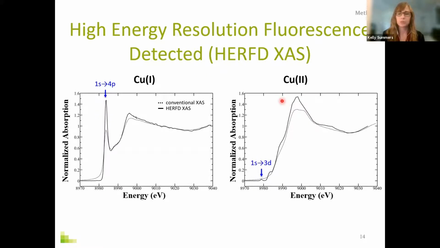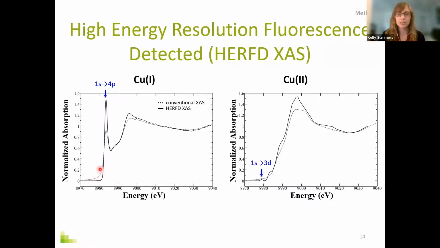Briefly, I wanted to introduce a technique that we've been using more and more as it gains in popularity. It's called high energy resolution fluorescence detected, or HERFD XAS. I won't go into the physics so much, but as you can see, it has significantly improved resolution over the conventional XAS.